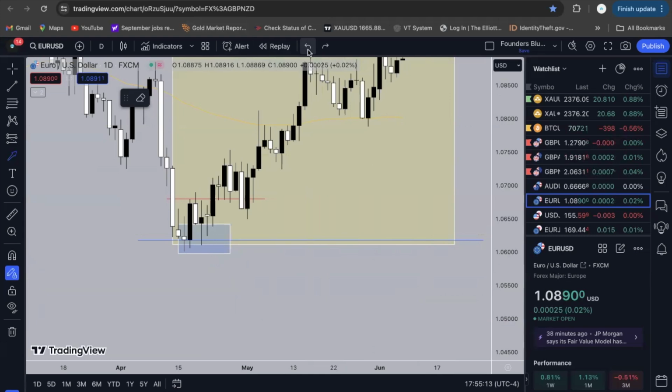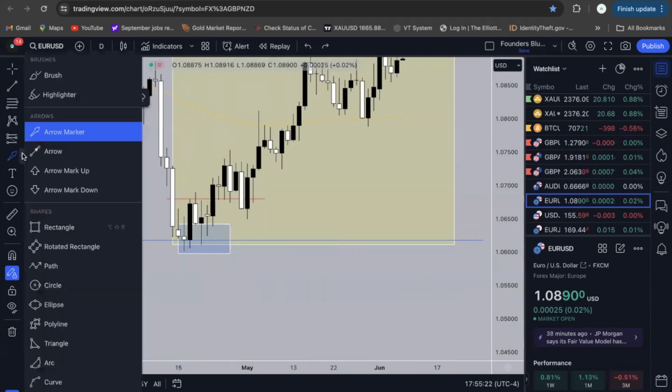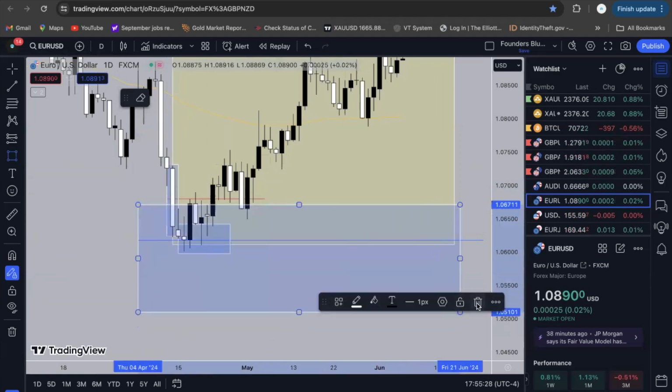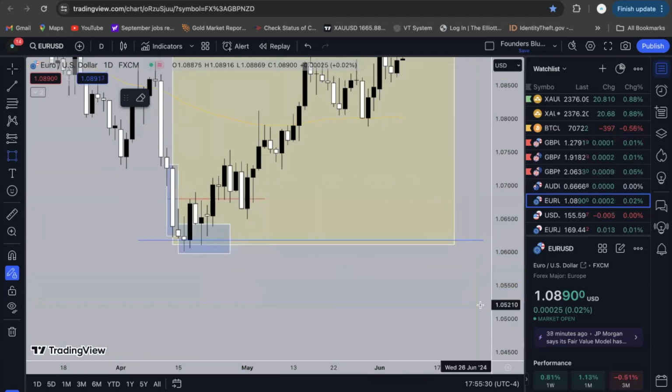The only way that's broken is if we saw it close below this line, meaning another white candle closing beyond that line, then that would be considered a break. However, all we saw was a wick.